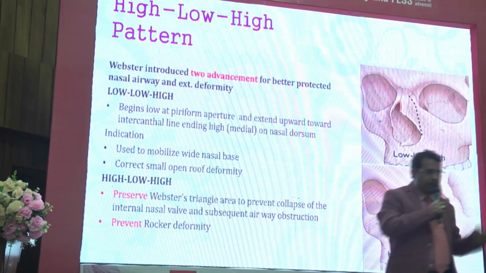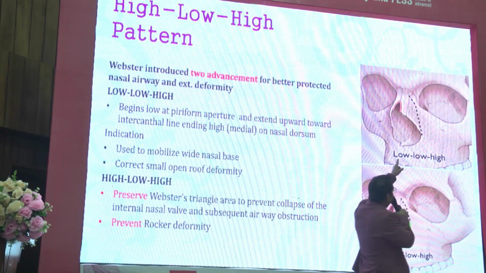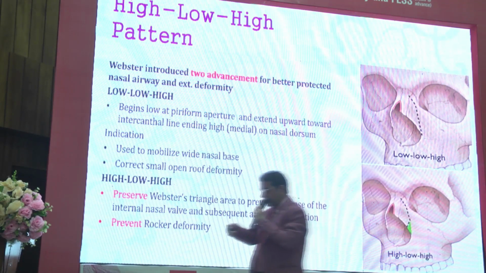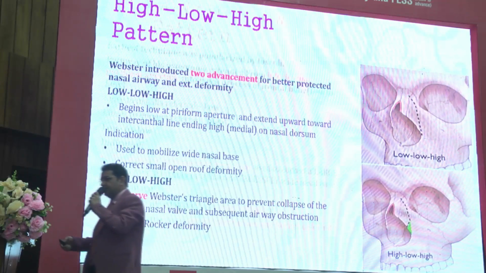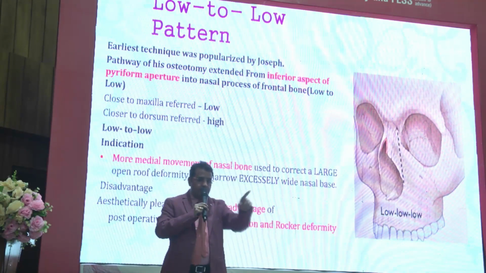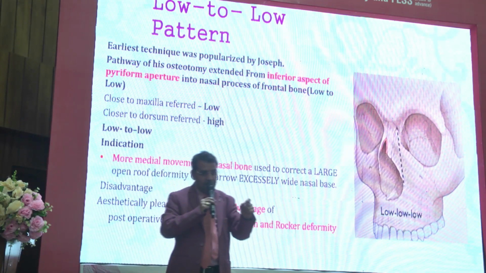Number two, when you enter in the uppermost part, and sometimes if your level is low to low, like you saw in the previous picture, because during the analysis slide we saw that the uppermost part is the thickest part of the nasal bone.